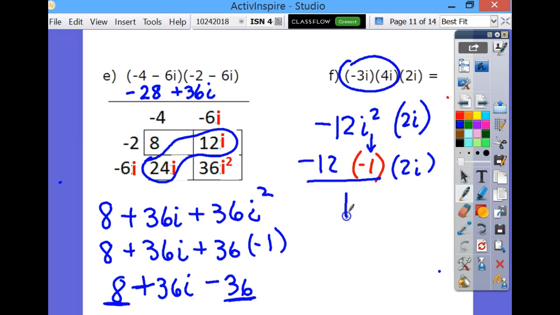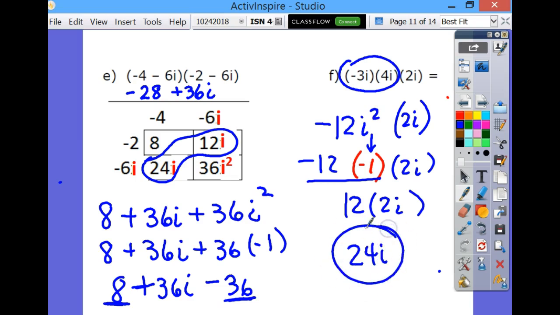That's going to cancel out the negatives. -12 times -1 is going to give me +12. 12 times 2 is 24i. That's your final answer.